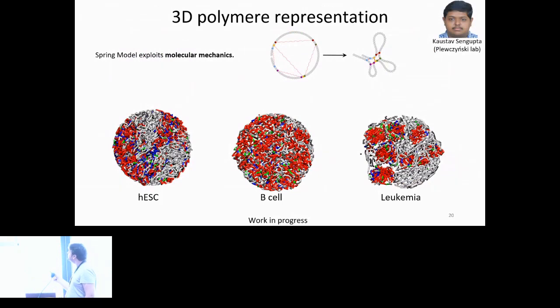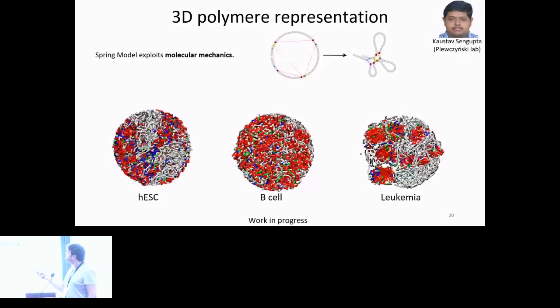He made 3D polymer representations of the nucleus, and he used a spring model to exploit molecular mechanisms. The genes are beads, represented as circles, and you have a bond between the fragments.